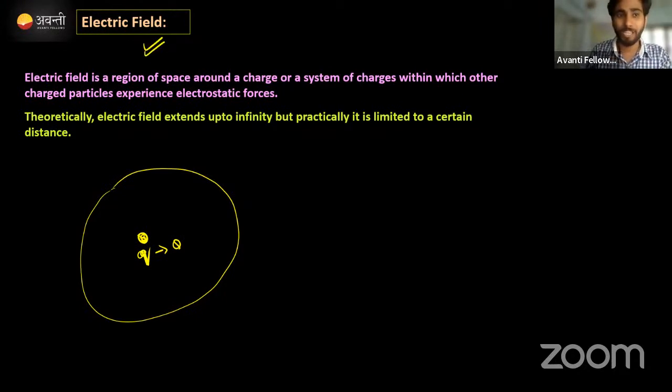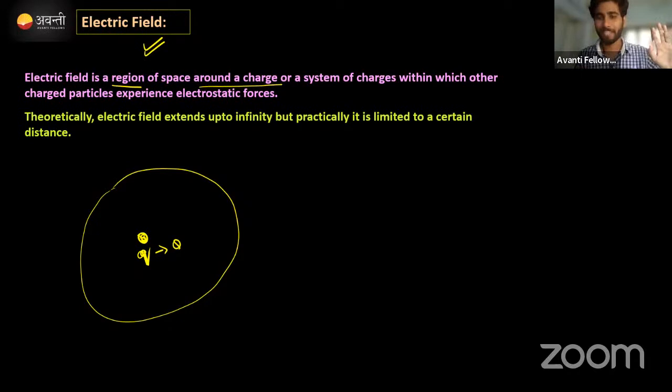Simple, they told here. Electric field is a region, space around the charge. Charge के अगल बगल कुछ field होता है, that is known as the electric field. And of course, I told you that I'm a physics teacher, so everybody will recognize me as a physics teacher.